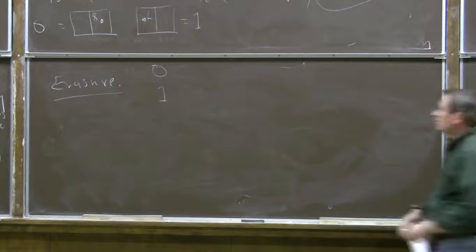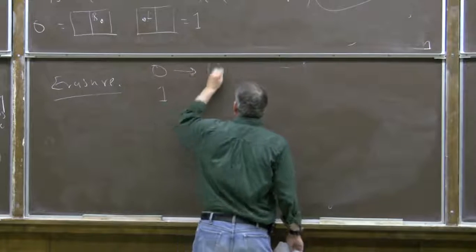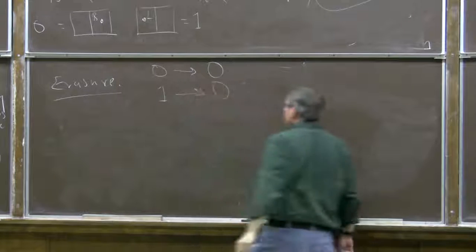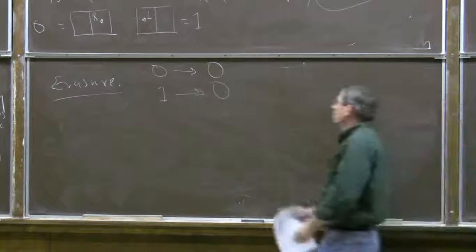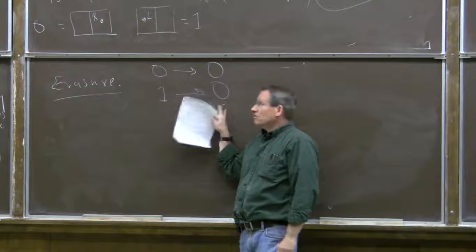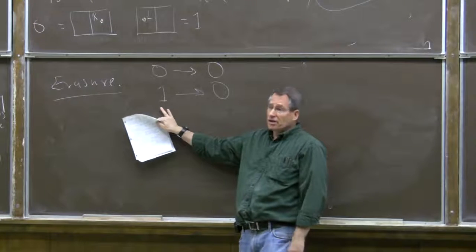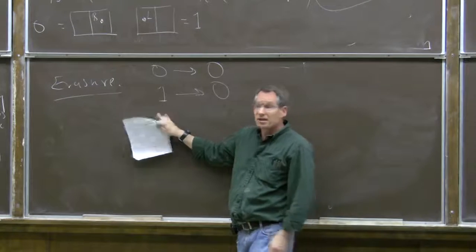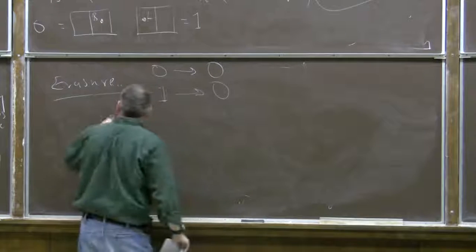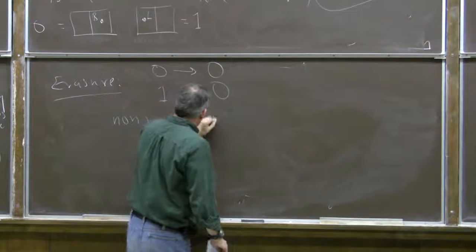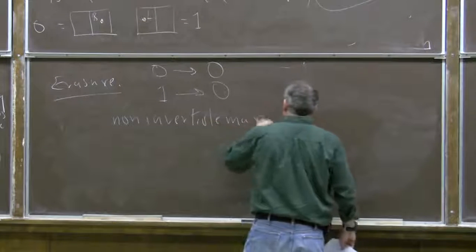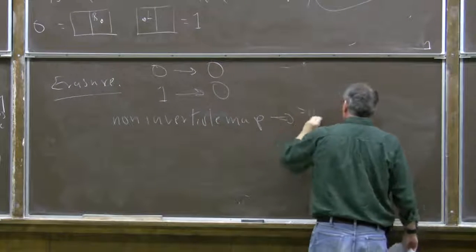Let's call that 0. Okay. So when I say it's irreversible, I mean this is not an invertible map. If you know the output of the erasure, namely 0, you don't know whether it was initially a 0 or a 1. They both got mapped to the same value. So non-invertible map, I call that logically irreversible.